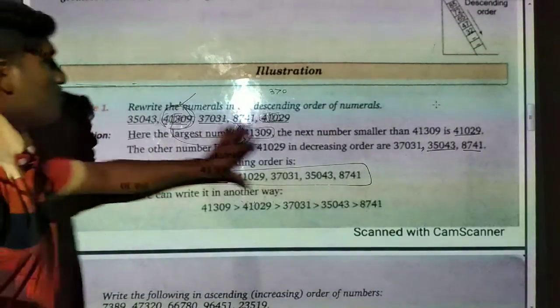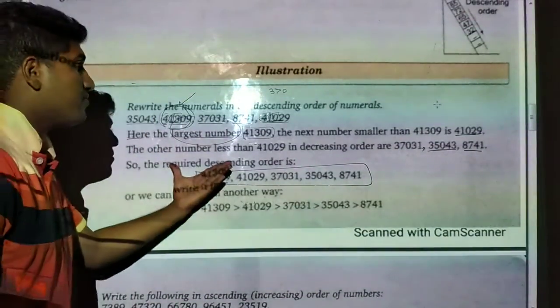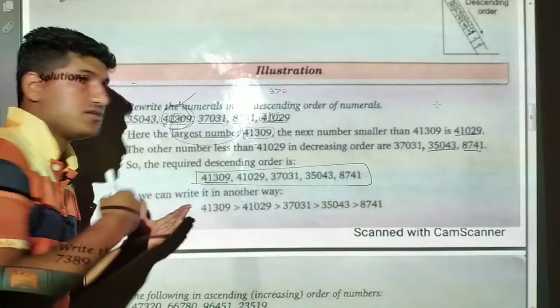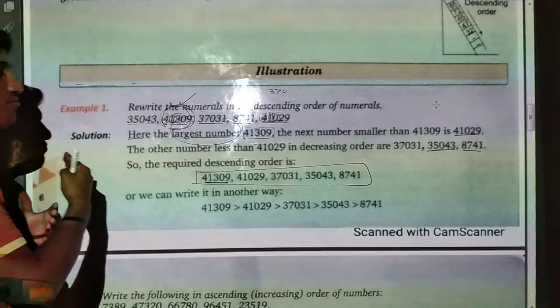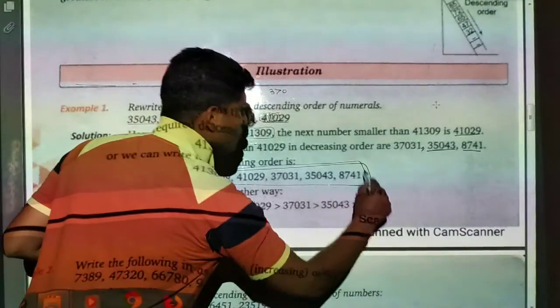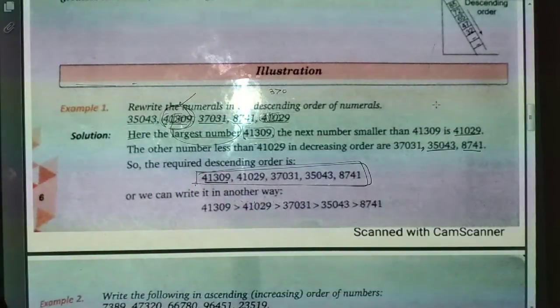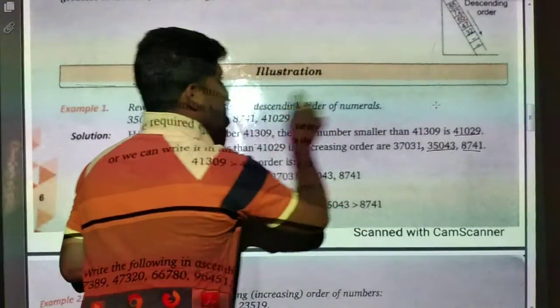In this way we will compare all these numbers and find the largest number. After that, we go on to the smaller numbers, and we will write the descending order of these numbers. So this is the way we will write the descending order of the numerals.